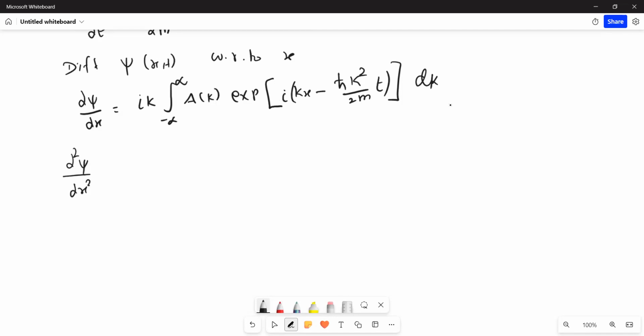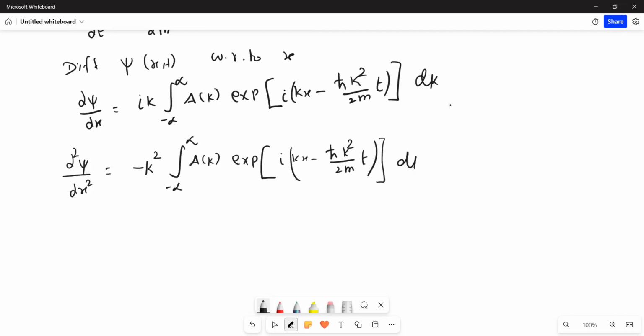What you will get: del square psi by del x square is equivalent to, again one more ik will come out, so i into i is minus 1, so minus k square times the integral over minus infinity to plus infinity of a of k, exponential of i (kx minus h cross k square by 2m into t), dk. Consider this as equation number 5.